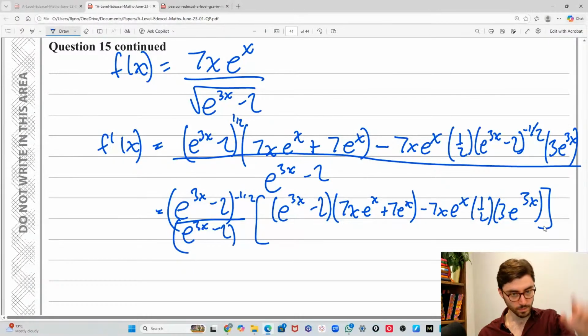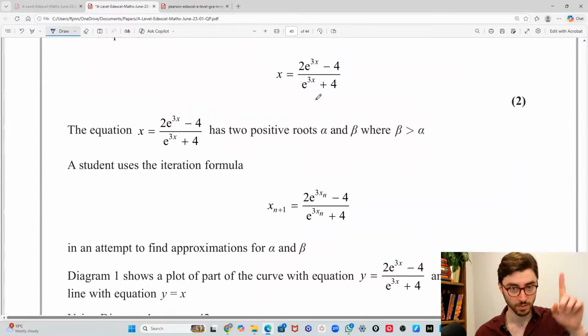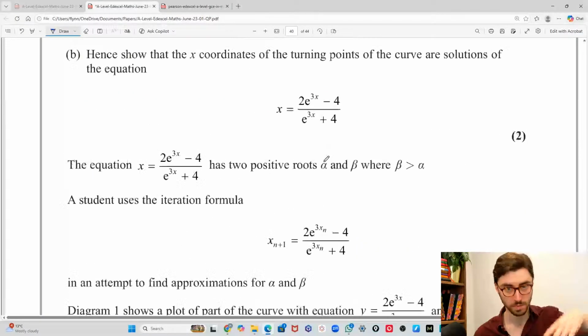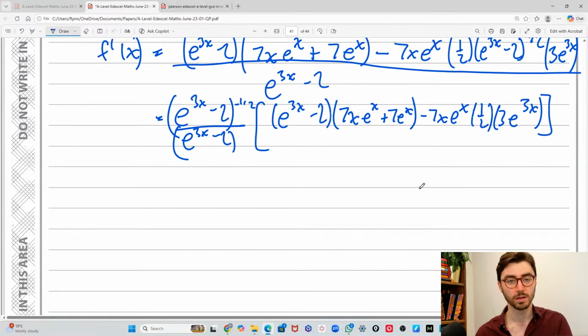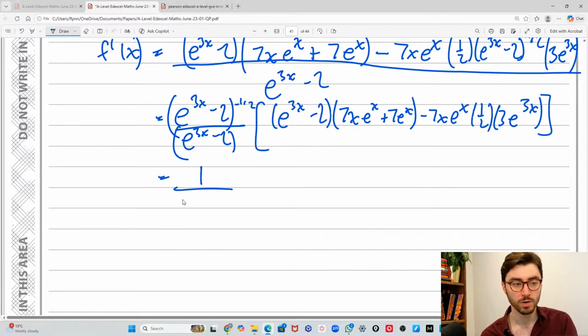Okay. So far, so good. So this is where we're going to get our over e to the 3x minus 2 to the 3 over 2. So I've got the bottom. That's where that's coming from. And I've got my half as well. So let's take a half out. So it's 1 over 2 into e to the 3x minus 2 to the 3 over 2.